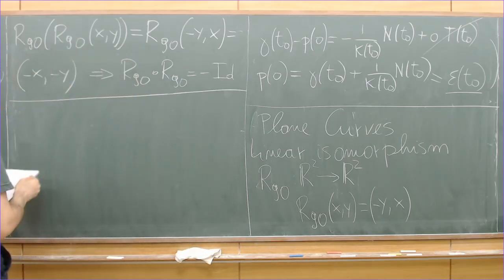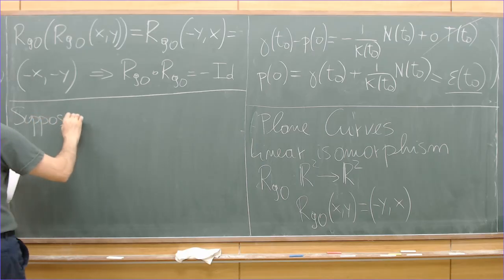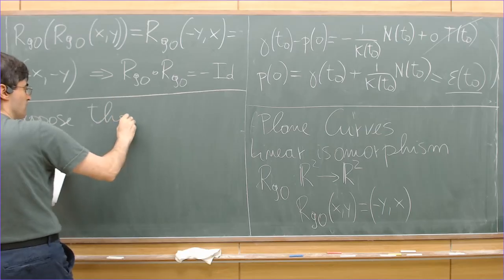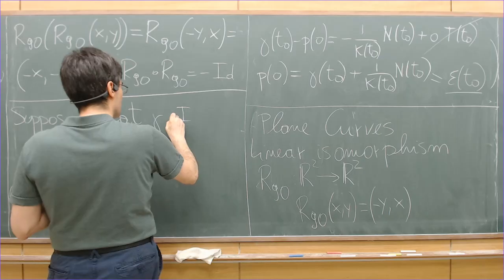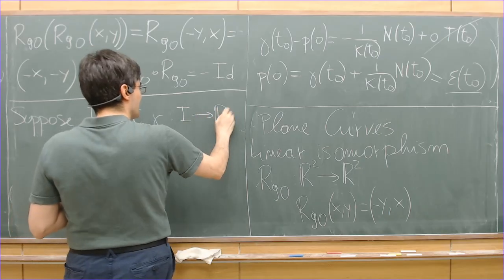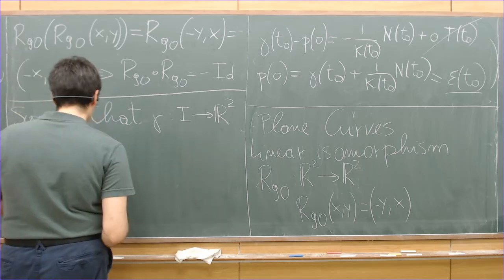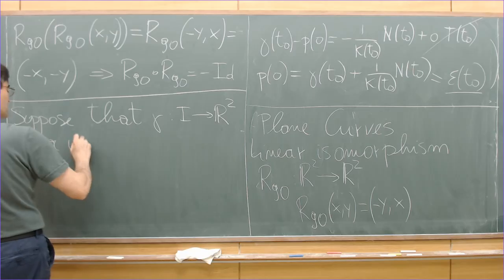Now let's suppose that gamma is a plane curve, that is, it takes values in R2, and it is a unit speed curve.